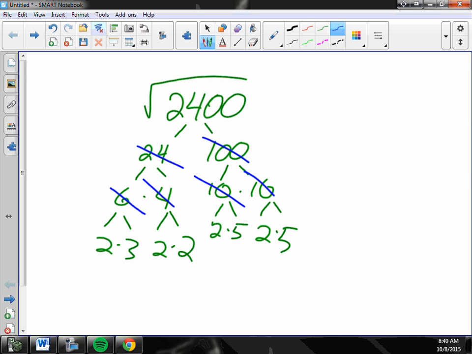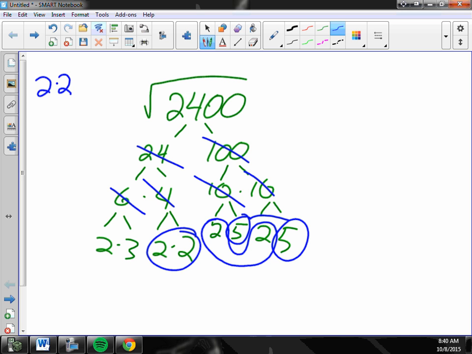So here's a set of 2's, and here's a set of 2's. Pull out a set of 5's. So on the outside, I have 2 times 2 times 5. And my leftover is a 6.